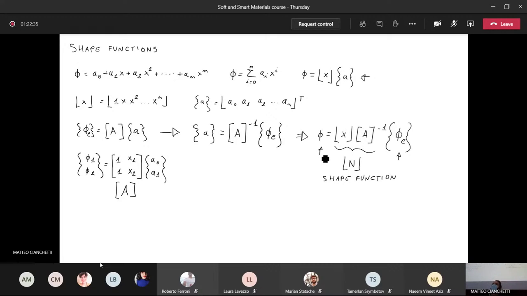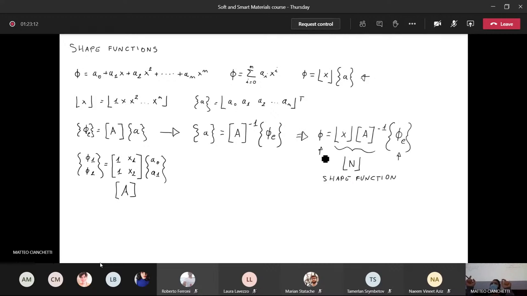So this is what happens inside the element between two nodes, but it does not guarantee what happens at the interface. If you are going from one element to another, what happens? You have a smooth interpolation between one node and the other, but maybe there is a non-smooth continuation of the field distribution, because the shape functions are only acting between nodes.